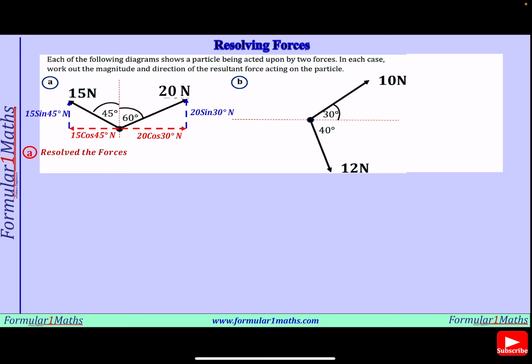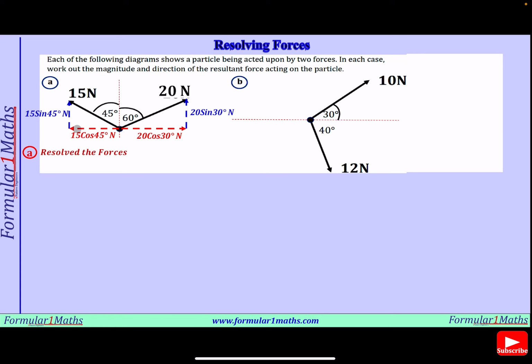So for the resultant force, we'll calculate the horizontal component first. And taking this direction here to be positive means that this vector going this way is negative.